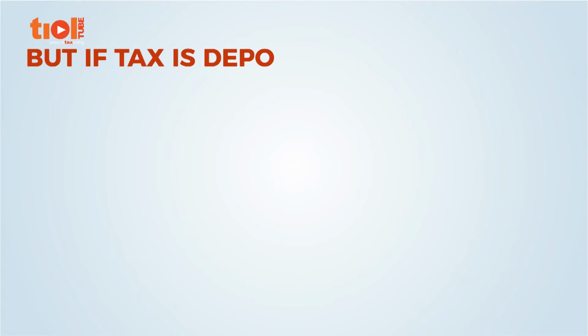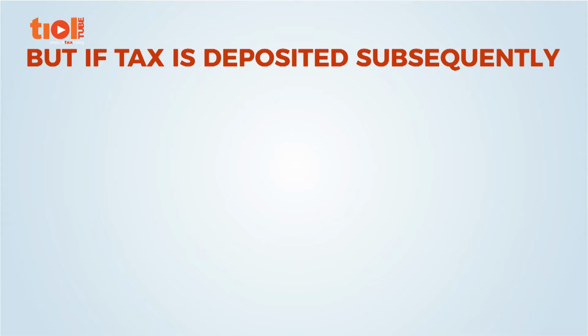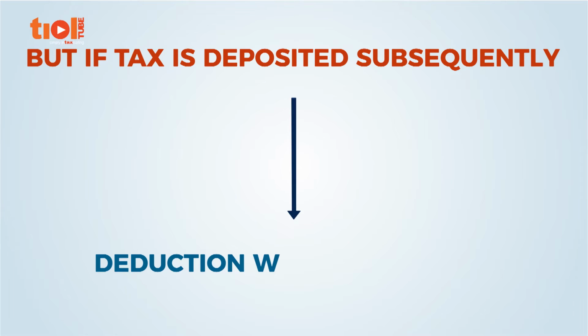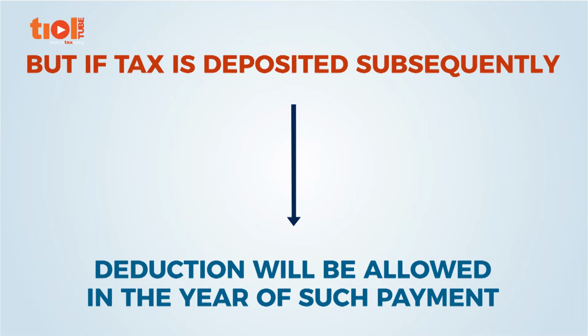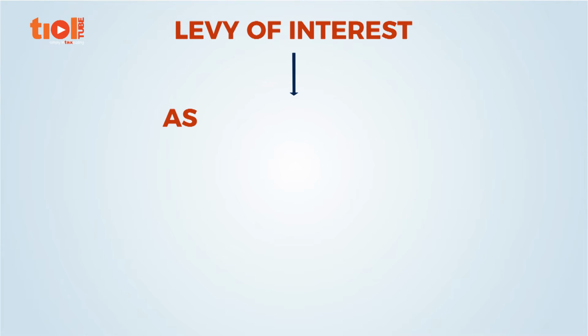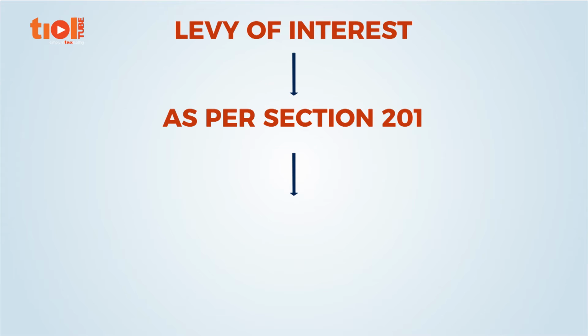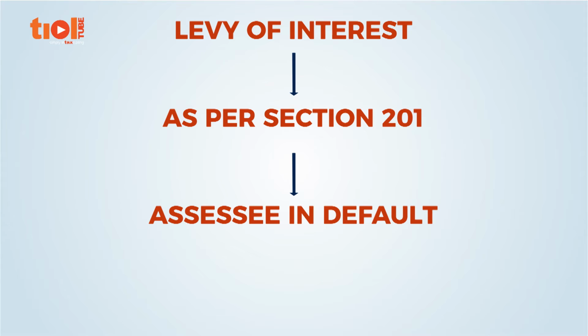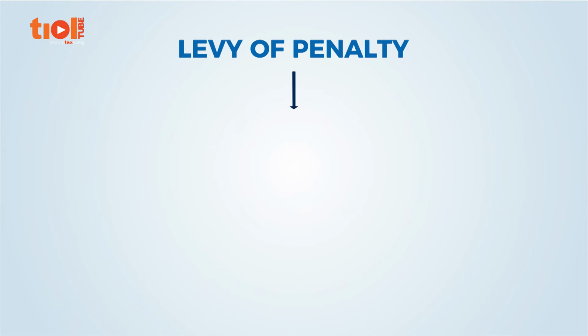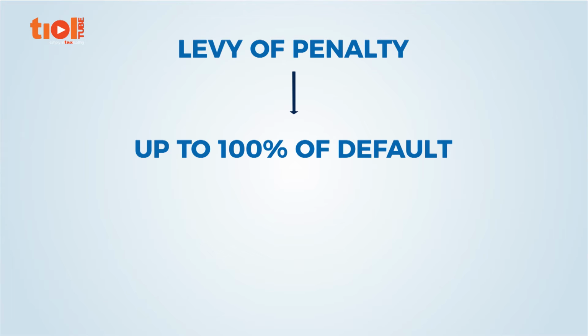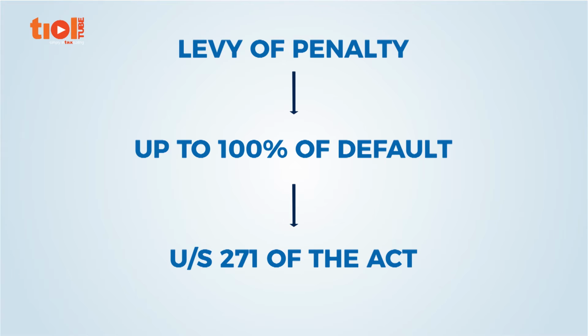However, if tax is deducted or deposited in the subsequent year, as the case may be, the expenditure shall be allowed as deduction in that year. B. Levy of interest. As per Section 201 of the Income Tax Act, such deductor shall be deemed to be an assessee in default and liable to pay simple interest at the rate of 1%. C. Levy of penalty. Penalty of an amount equal to tax not deducted or paid could be imposed under Section 271C.